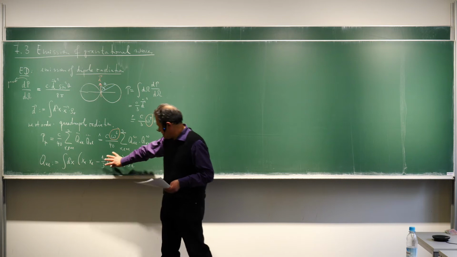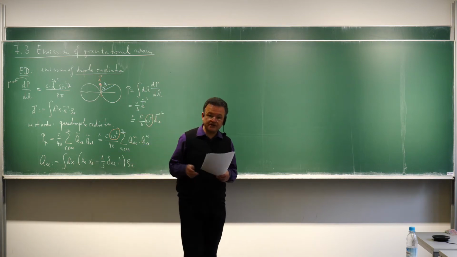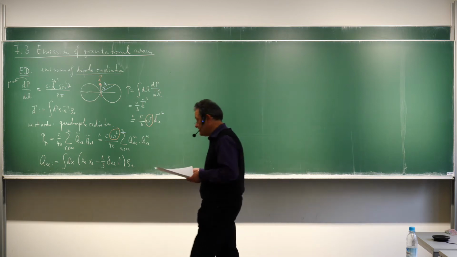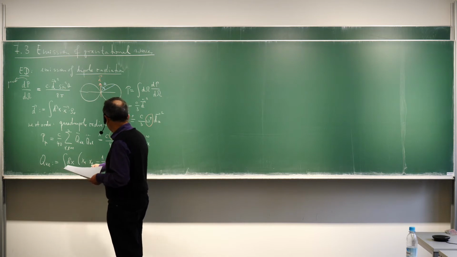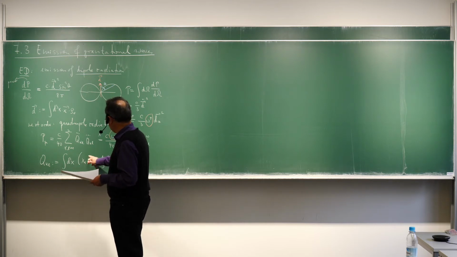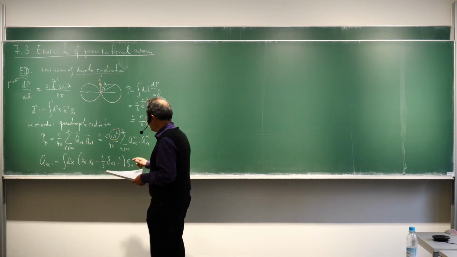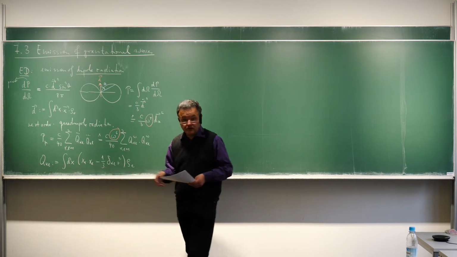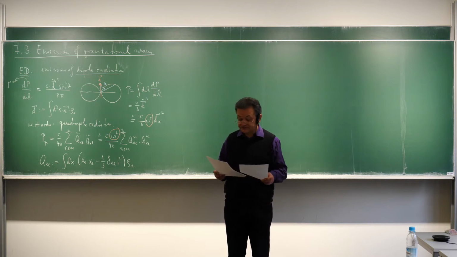Now sometimes you define it without that second term, just with the first term, so that depends on whether you want it to be traceless or not. Sometimes it's convenient to have it traceless, which means the trace of this is 3, so this would then be r squared minus r squared, but sometimes you just have this definition. So be careful when reading literature. What is the convention for the quadrupole tensor?